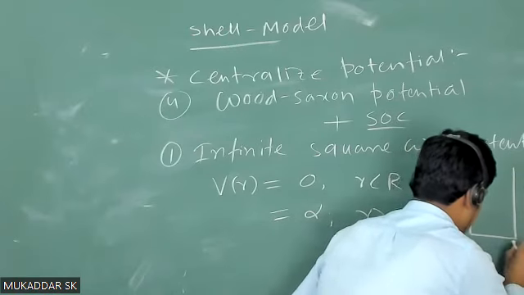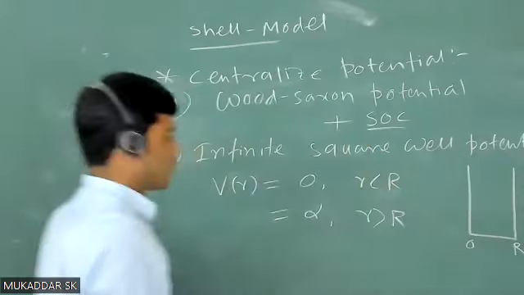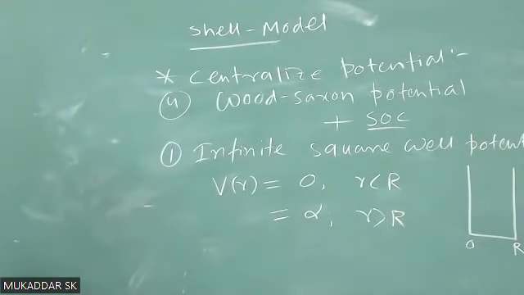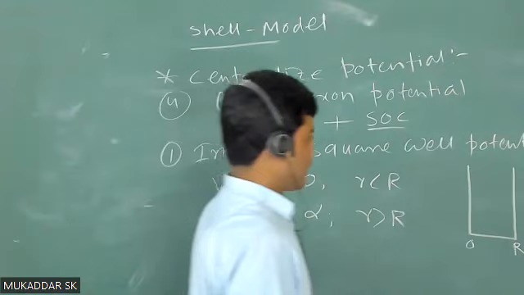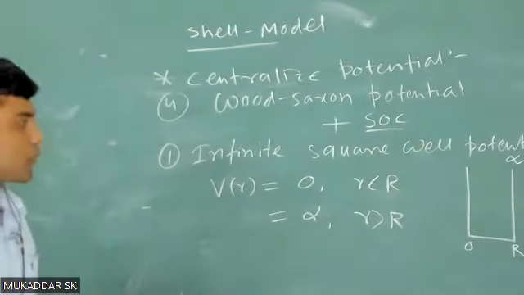There was 0 to R, and this is the infinite potential. This side you have V of R.